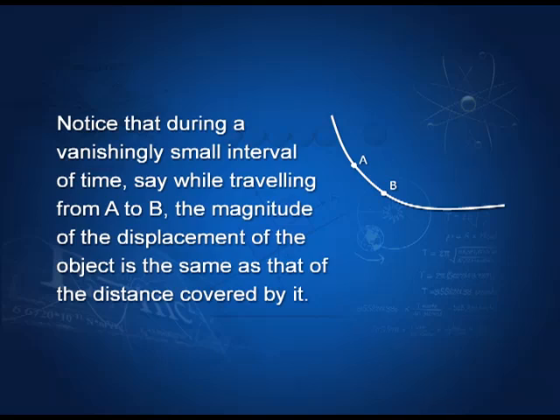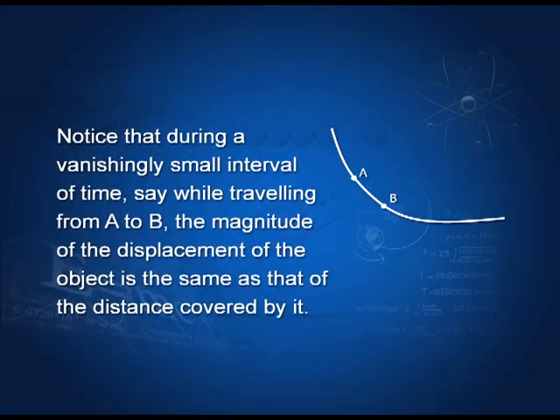Suppose an object is moving along this curve. We take 2 points very close together. Of course, I will show them a little apart, I can't take them very close because you won't be able to see, but imagine these points A and B are very near each other.